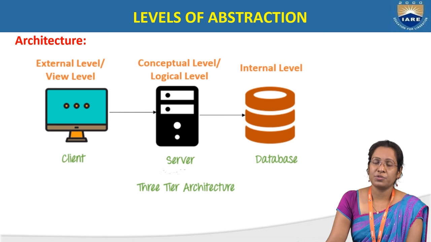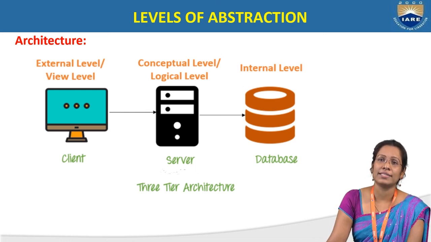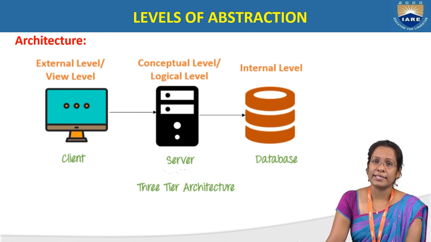So the conceptual level is the server, and the third one is the database. In order to serve the user input, the server should contact the database for information according to the client. The database is the internal level or physical level, where data is actually stored in the form of records.